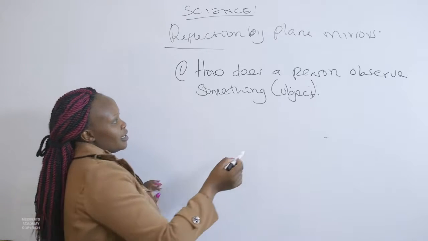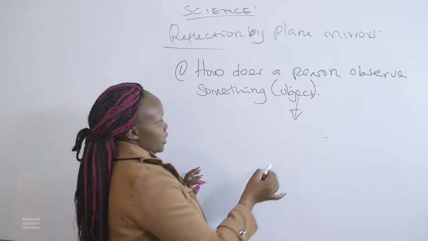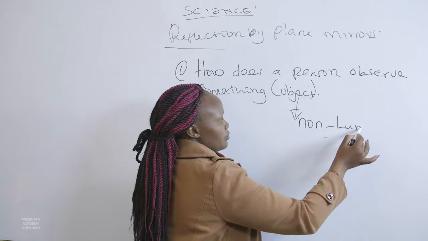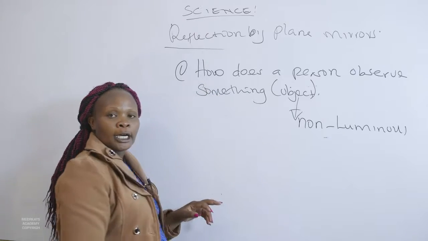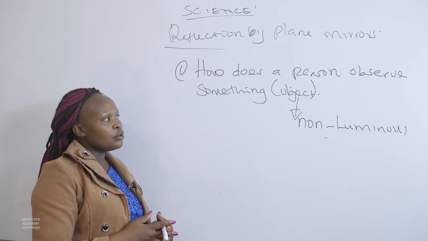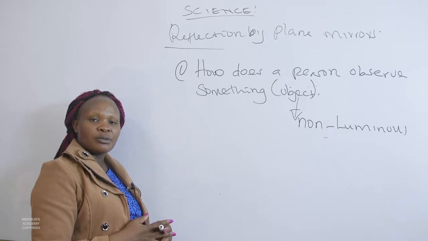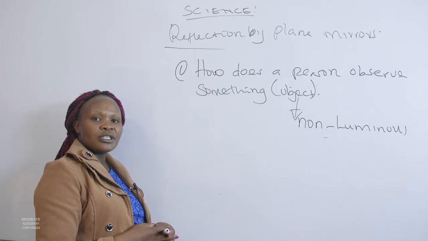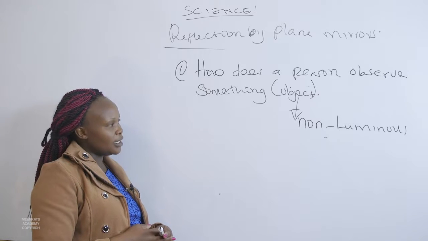Now, in this case, we want to talk about it with reference to a non-luminous object. A non-luminous object is one that does not produce its own light. And we need light for visual perception. Therefore, how do you expect someone to observe an object that does not produce its own light?